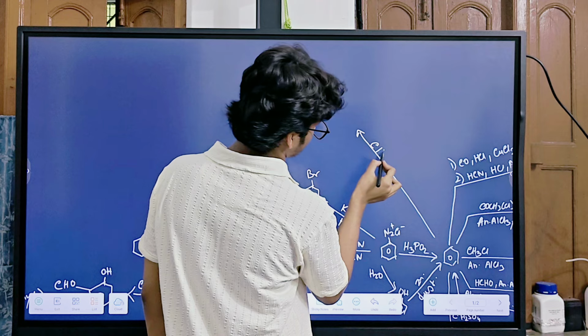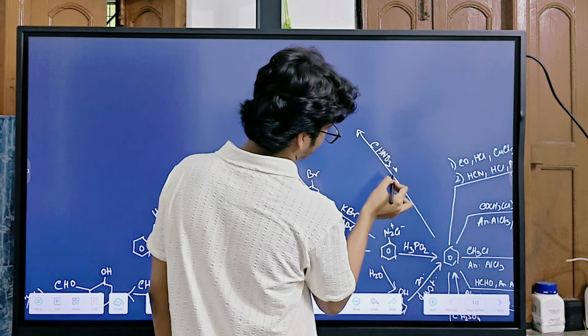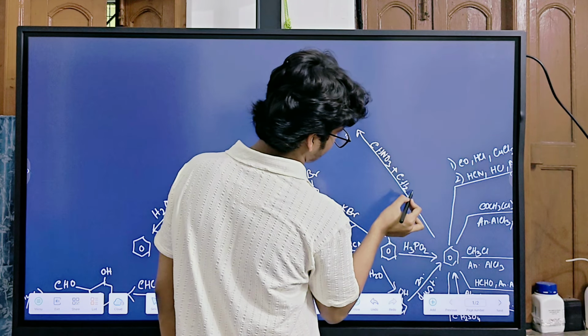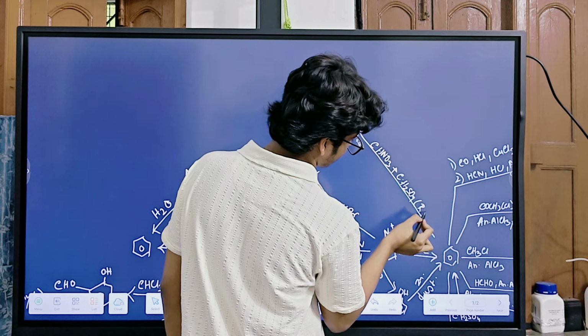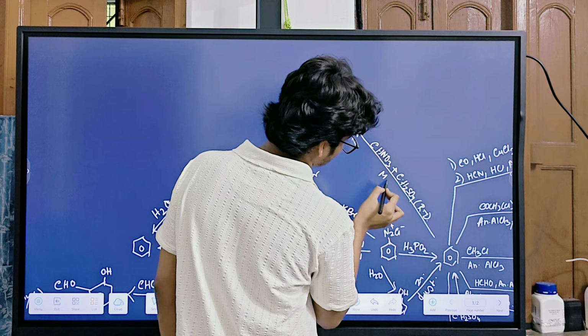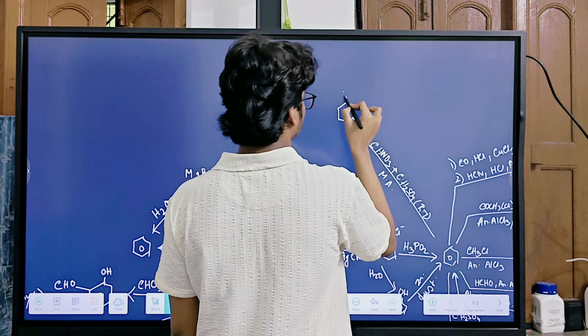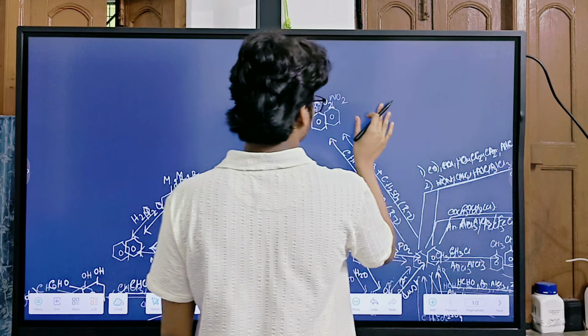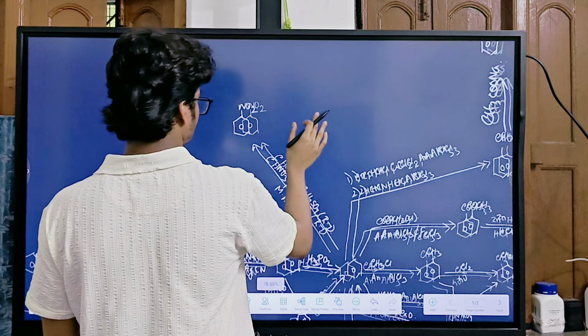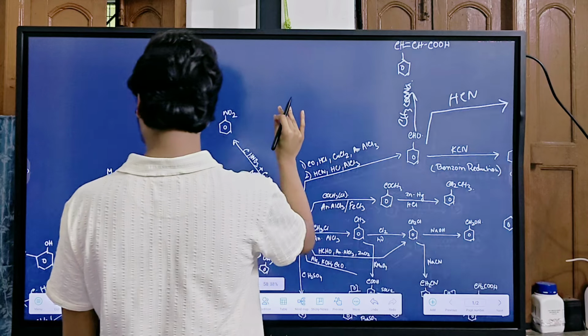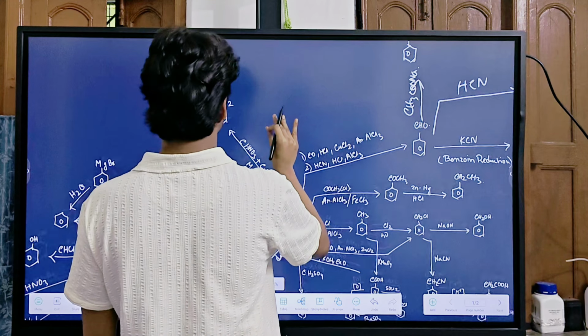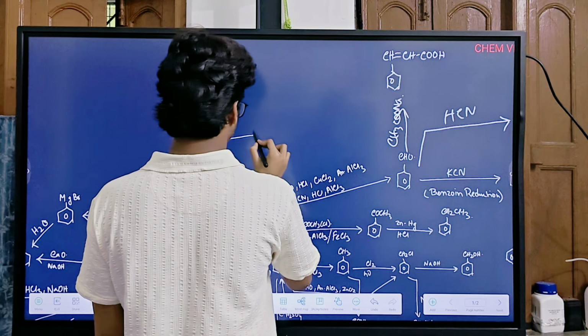This one is concentrated HNO3, that is nitric acid, and concentrated H2SO4 at room temperature, which is known as mixed acid, will lead to the nitration of benzene.